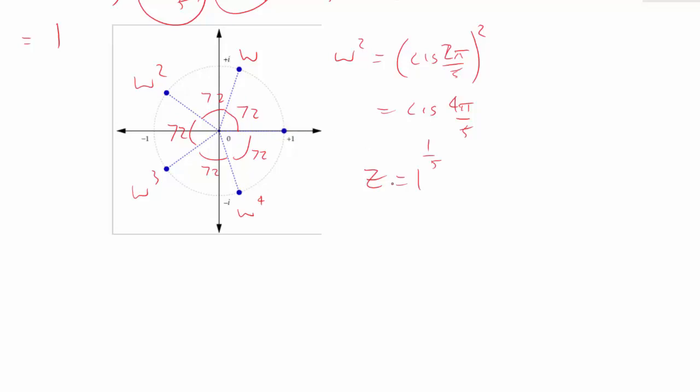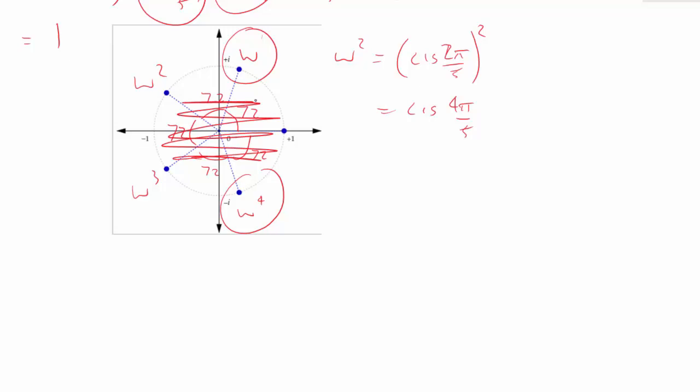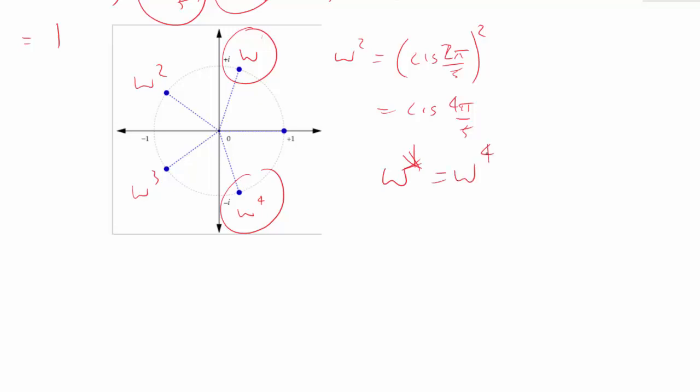Now, just by symmetry, I hope you can see that this one and this one are reflections of each other. What does that mean? It means they have the same real part, but the negative of the imaginary part, which means that they are conjugates of each other. And similarly, omega squared conjugate is equal to omega cubed.